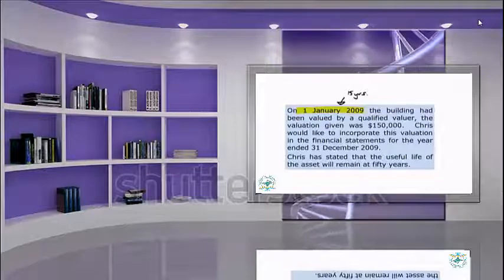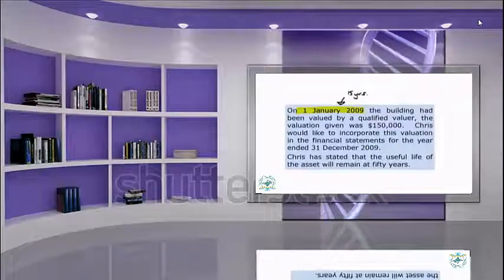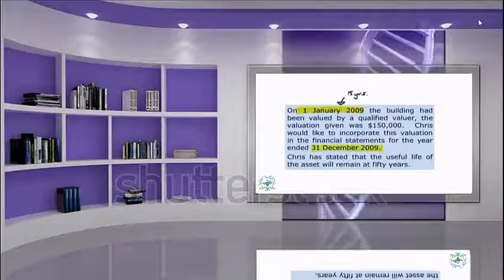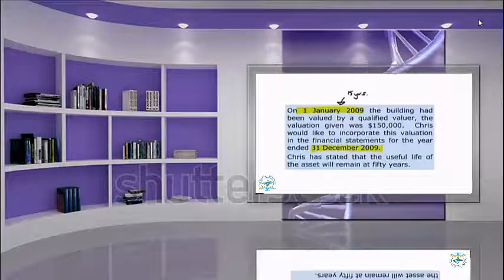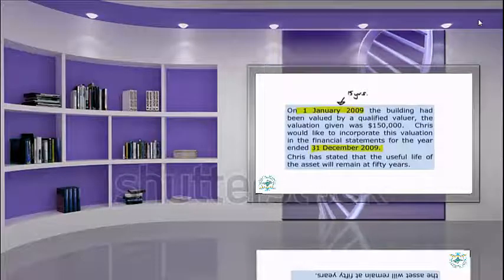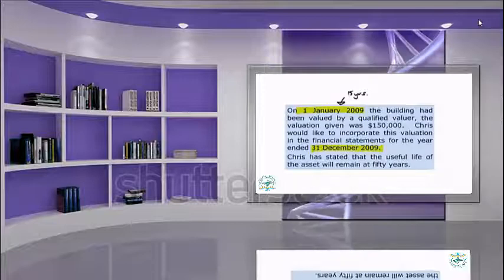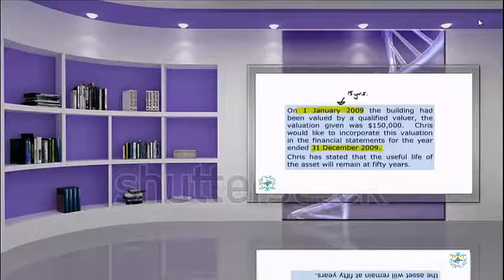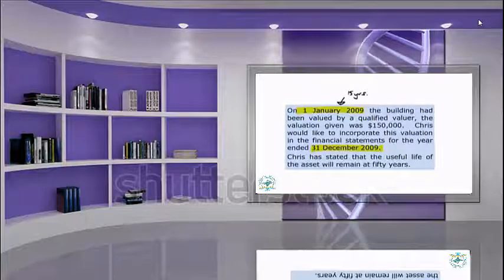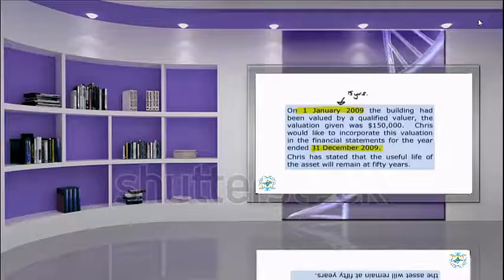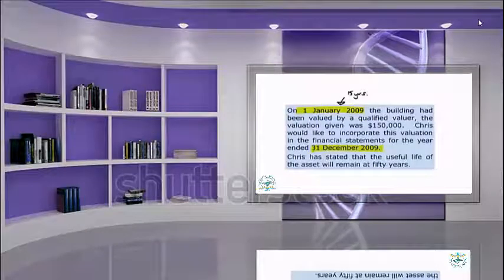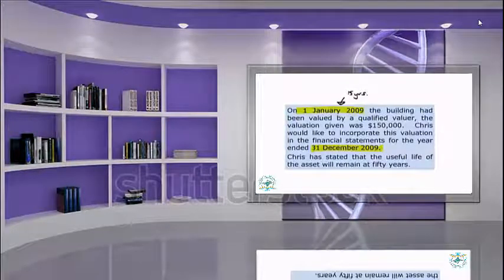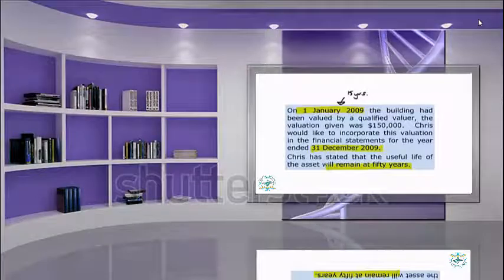Chris would like to incorporate this valuation in the financial statements for the year ended the 31st of December 2009. So we've got a revaluation at the start of 2009, but he wants to incorporate that valuation in the year-end accounts. Now a year would have passed since we revalued the asset, so we're going to have to depreciate the asset based on its valuation in 2009. Chris has stated that the useful life of the asset will remain at 50 years.